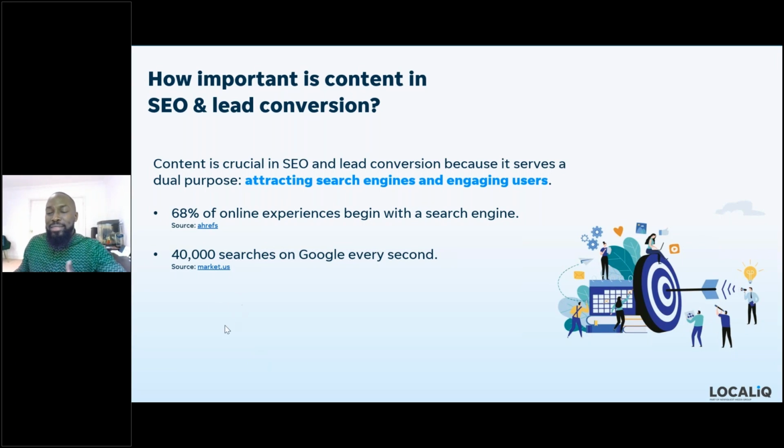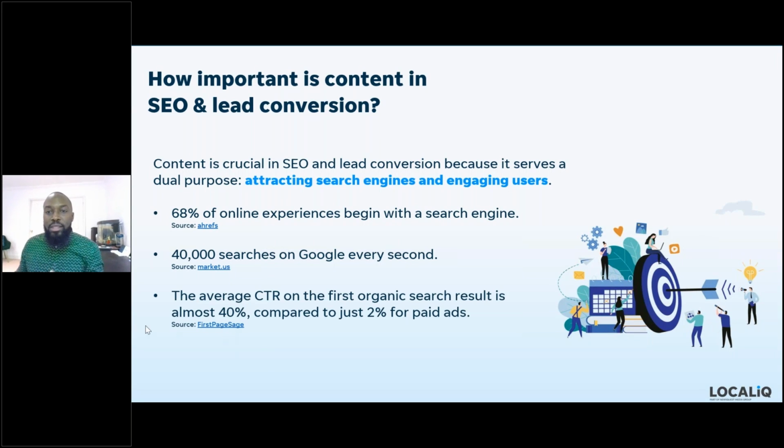And I think the last stat that I'll share here is that typically the first organic search result has a click-through rate of nearly 40%, while PPC ads typically have 2%. And so what we really suggest to businesses is to have both. You want to have an organic SEO strategy, and you want to have a paid search strategy as well, because you can benefit from both when you show up on the search engine result page in that way.